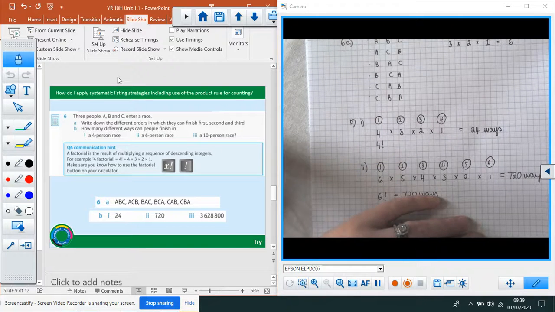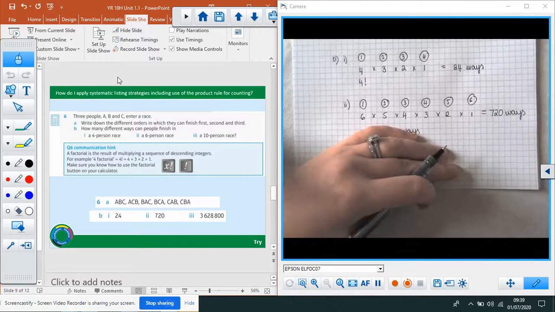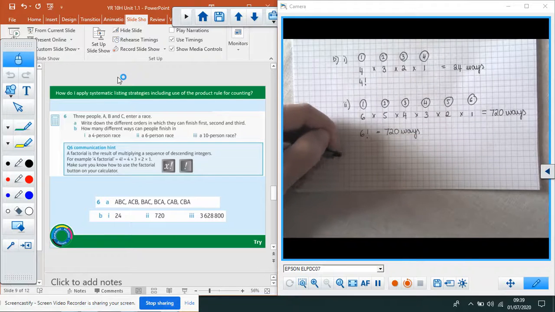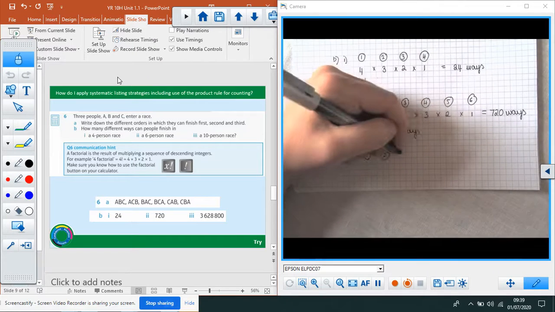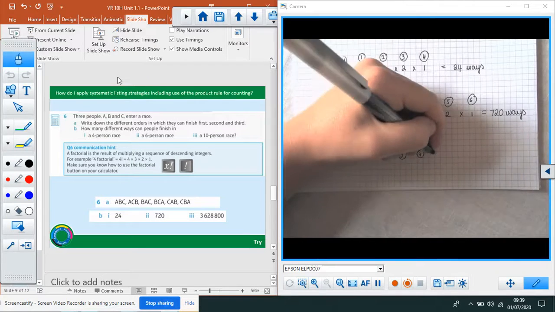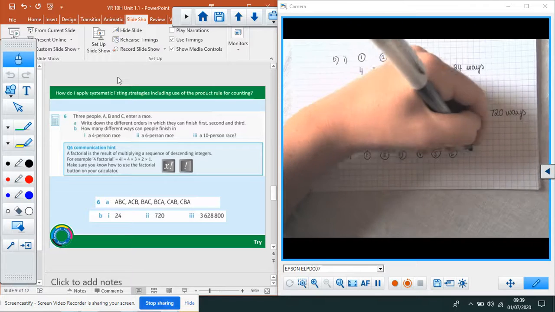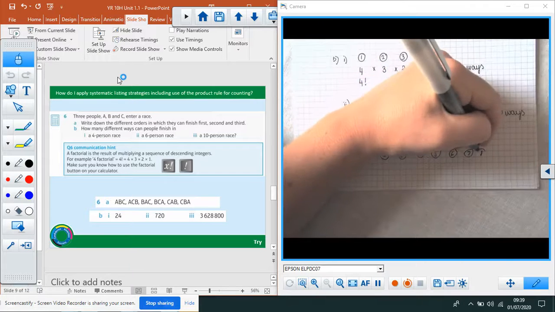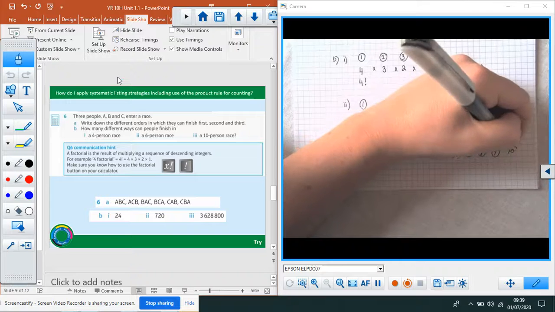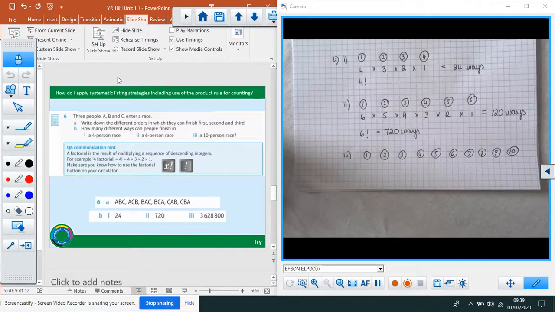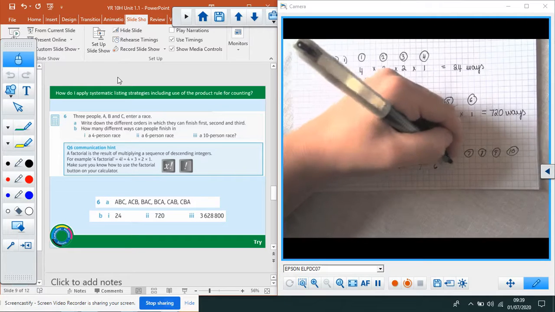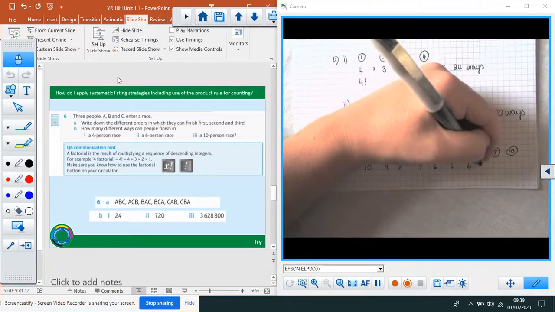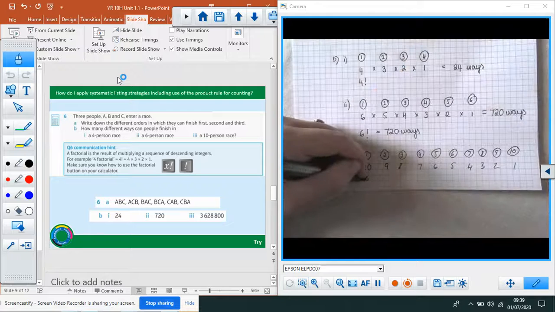And then finally, part 3, question B, part 3. In a 10-person race, again, you don't need to write this out each time, it's just so it makes sense. First, second, third, fourth, fifth, sixth, seventh, eighth, ninth, and 10th. You can have 10 people, then 9, then 8, then 7, then 6, then 5, then 4, then 3, then 2, then 1, or 10 factorial.